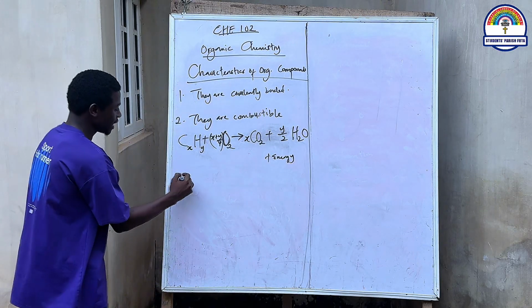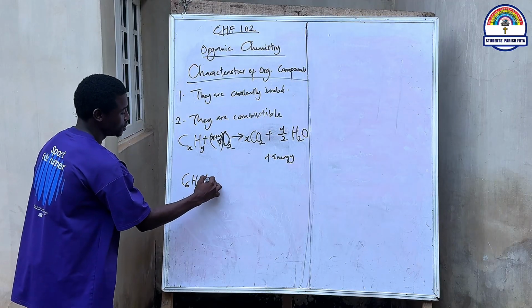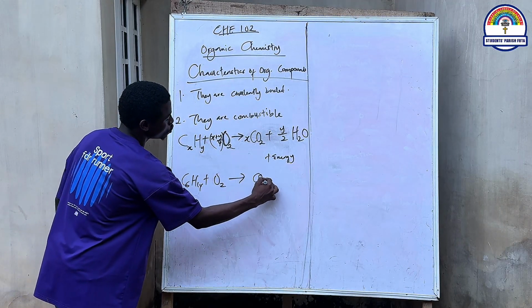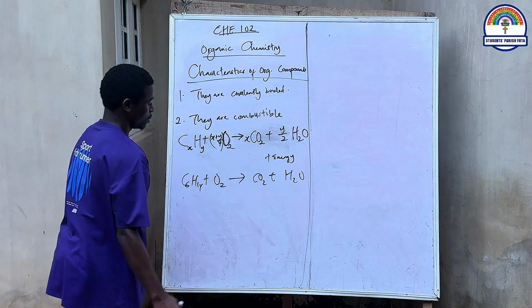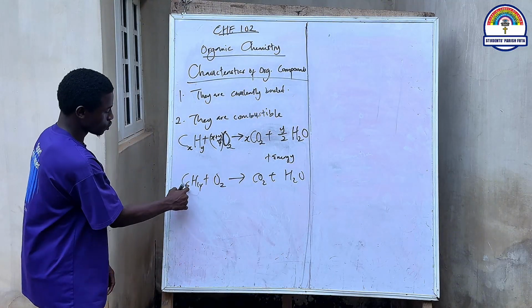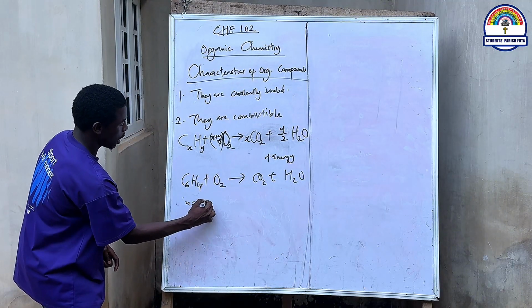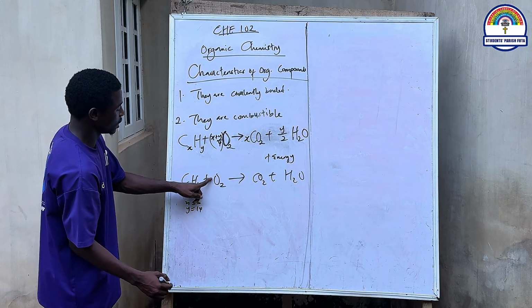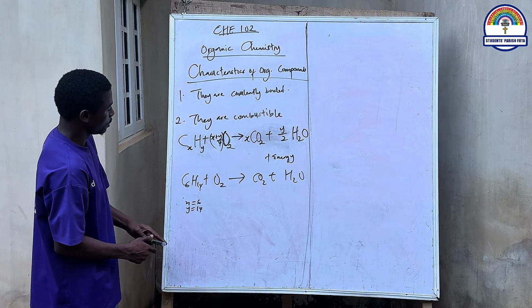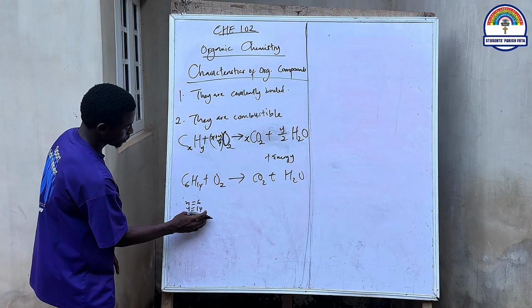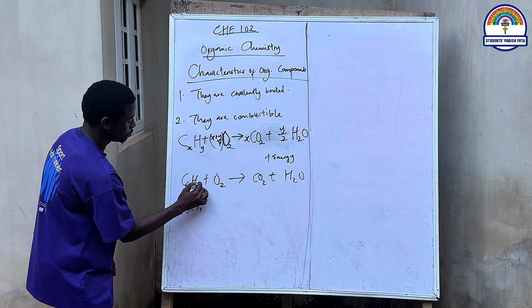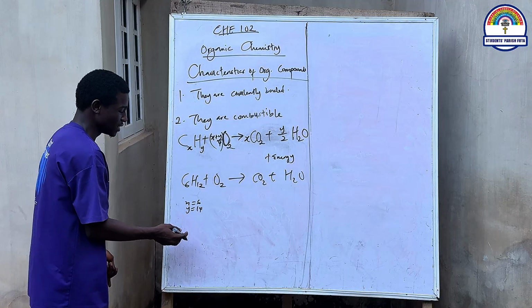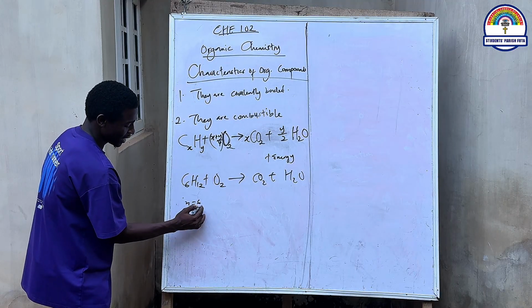An example: let's assume C6H14 burns in oxygen to give CO2 plus H2O. Our X is 6, our Y is 14. To get the number of oxygen needed, it will be X plus Y over 4.